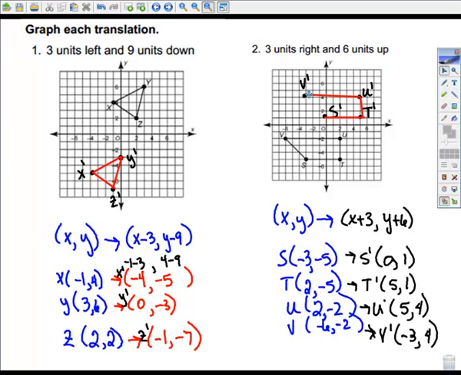And I can tell that my trapezoid has been shifted right and up. So there's a translation, also known as a slide. Make sure you write that word next to it, slide.